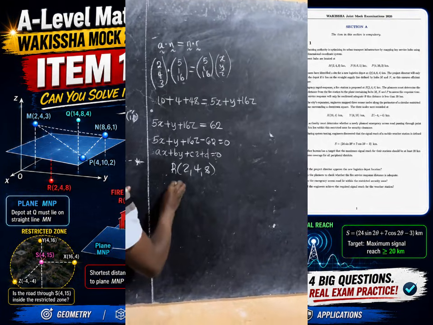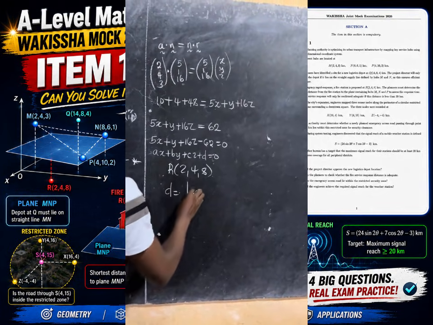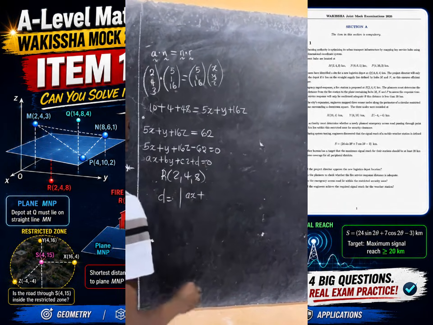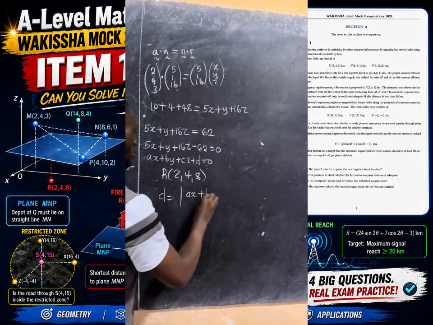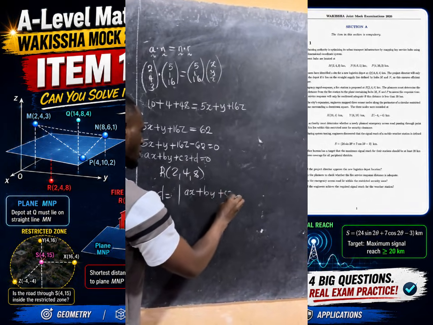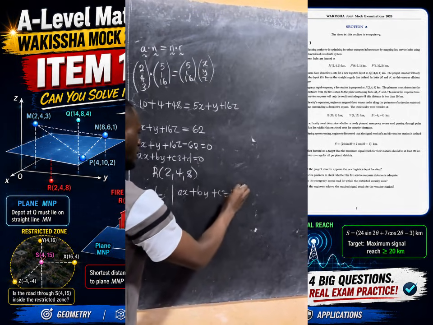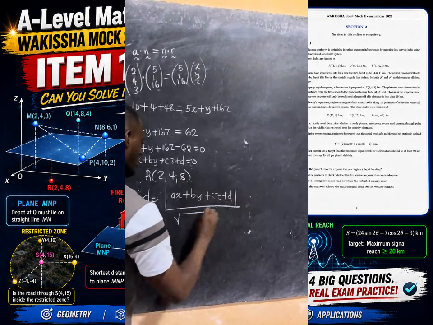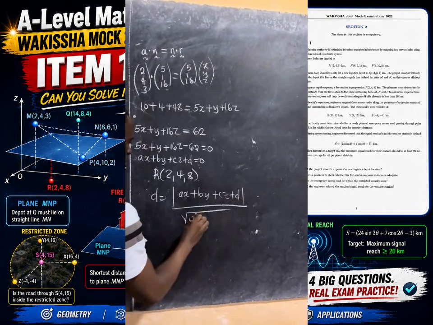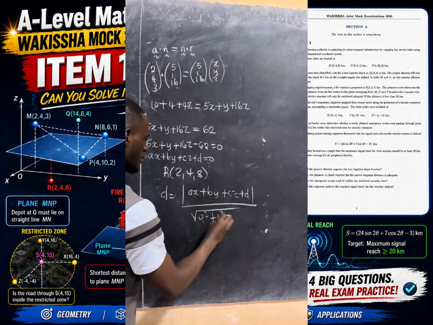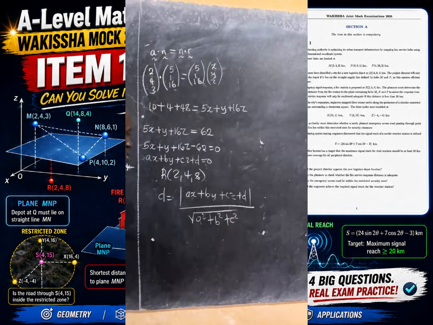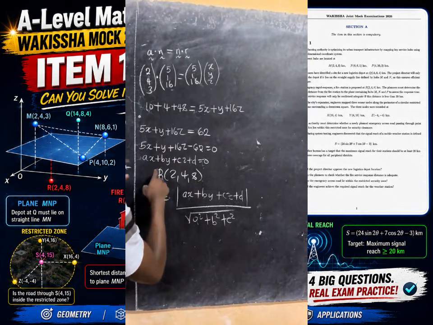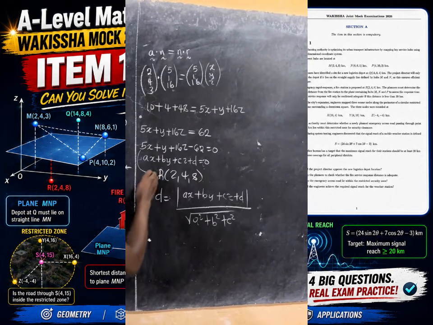So the distance is given by the magnitude of this equation of the plane, ax plus by plus cz plus d, the whole of this over the square root of a squared plus b squared plus c squared, when we are looking at this equation and this point.